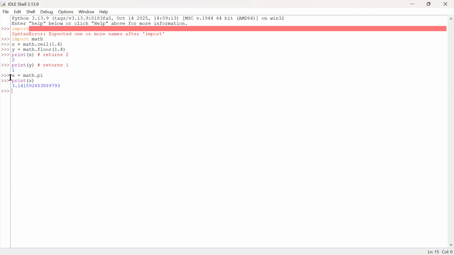In mathematics, they usually tell us that pi is 22/7, but that is the closest approximation that will enable us to treat pi as a fraction or a ratio. But in the true sense, pi is not a rational number. It's not a number you can express as a ratio.